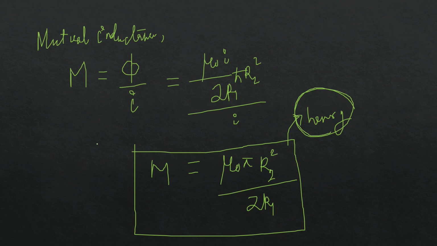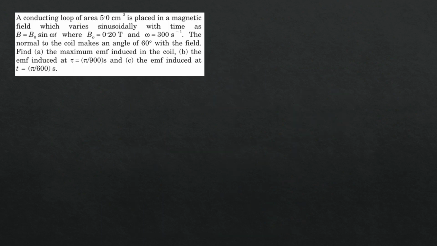Next question. A conducting loop of area 5 centimeters square is placed in a magnetic field which varies sinusoidally with time as B is equal to B naught sin omega t, where B naught is given 0.2 Tesla, omega is given 300 per second. The normal to the coil makes an angle of 60 degree with the field.